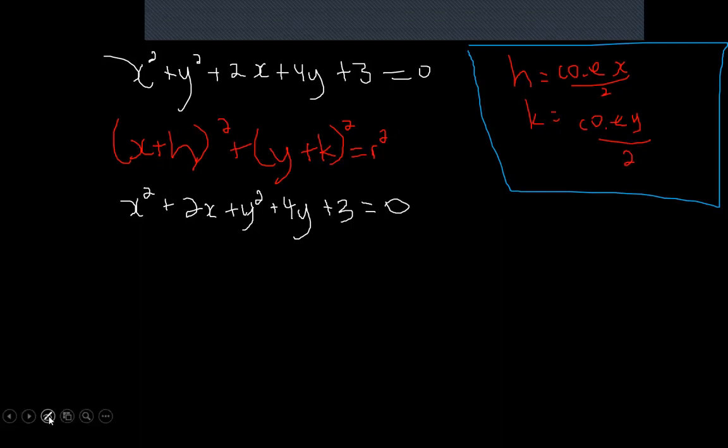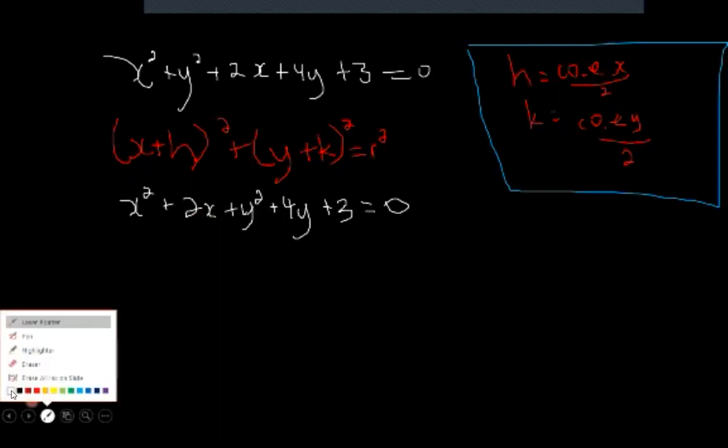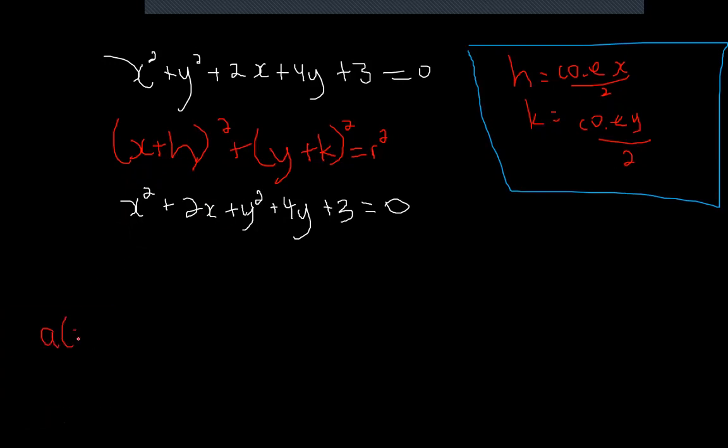Why I think that most people would prefer this method is because for this one, you have to complete the square for each one. Recall the completed square form is a times x plus h squared plus k.